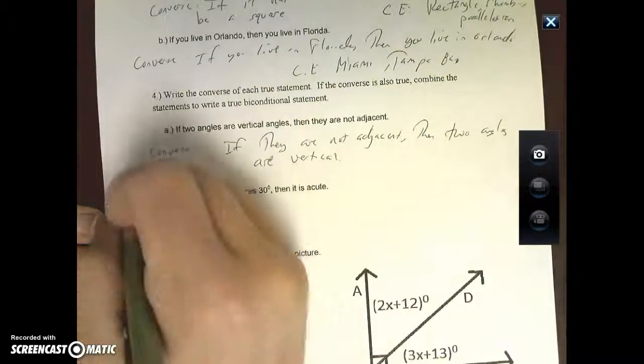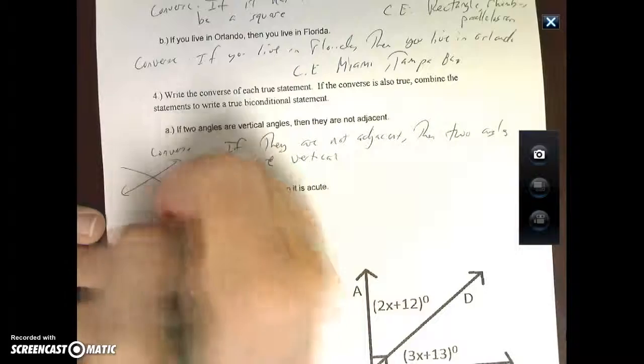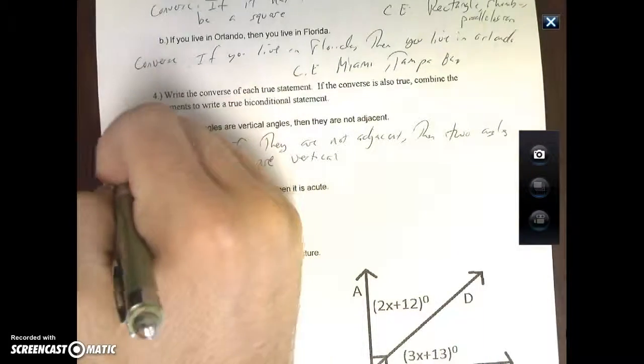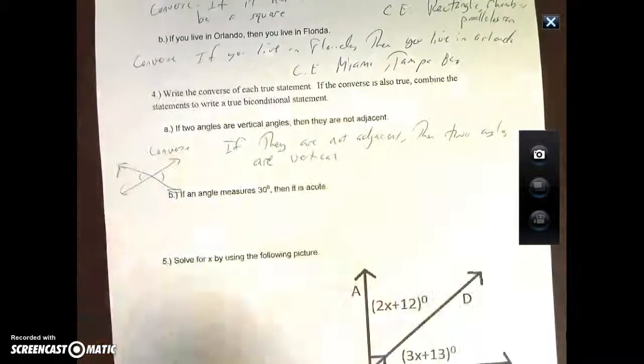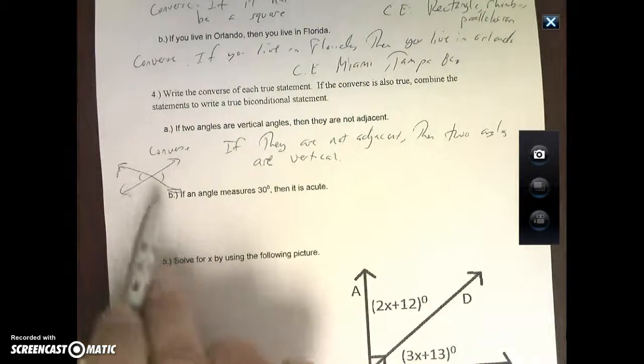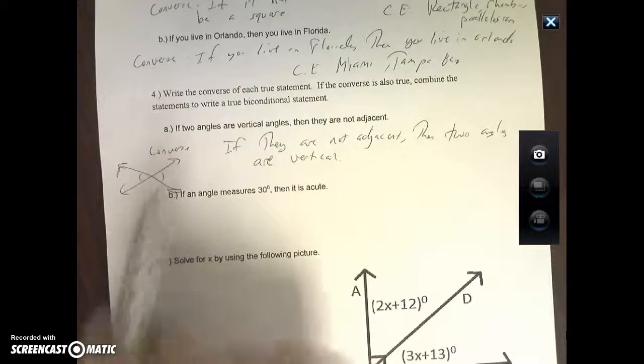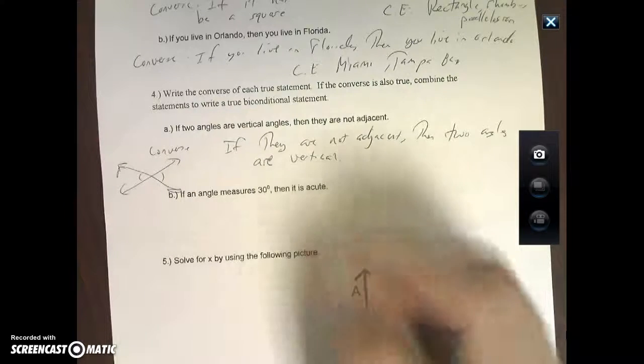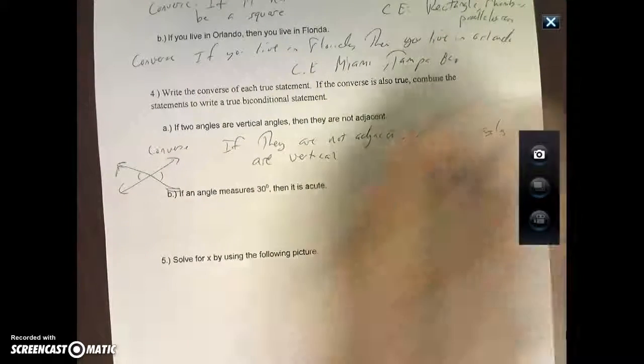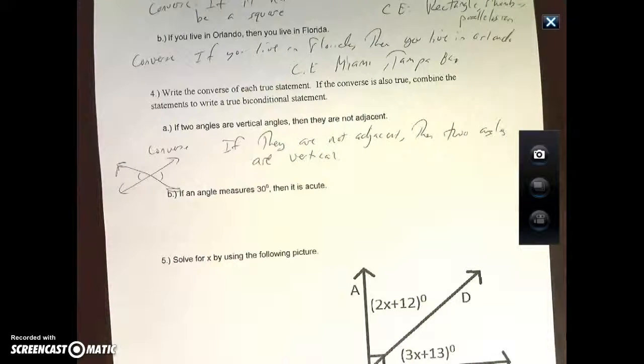Just to quickly show you this as well, here is two lines intersecting. Vertical angles are angles that are across from each other. Just because they're not adjacent, okay, doesn't mean they have to be vertical. So this does not have a true biconditional, so you would just stop with your converse.